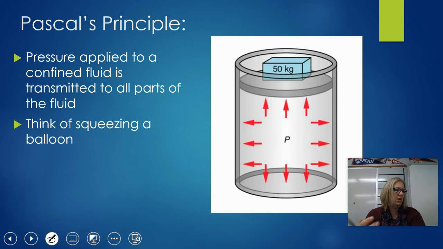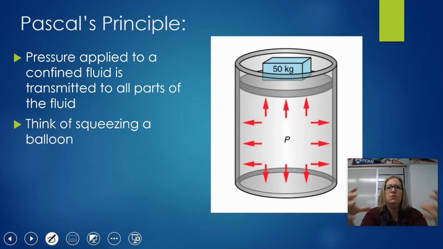Okay. All right. So we get some kind of rules here. They're called principles that have to do with some of these fluid dynamics. Okay. So Pascal's principle is our first one, and it's kind of a simple one.